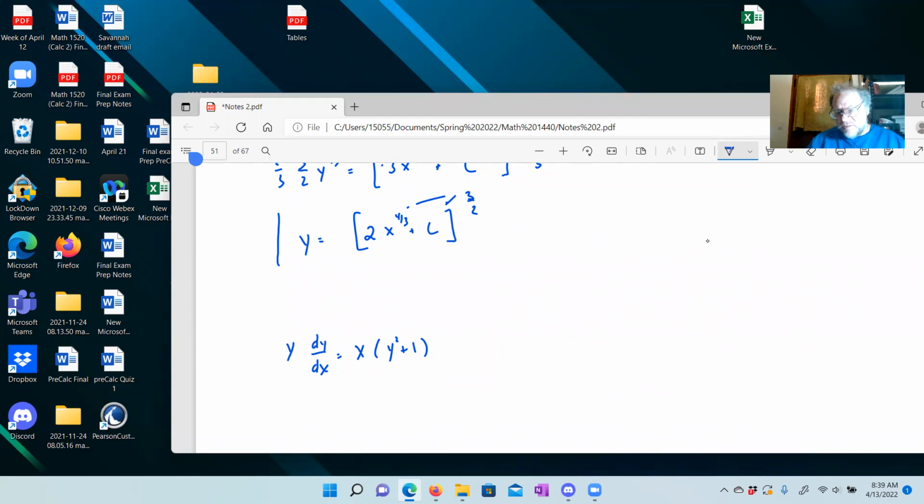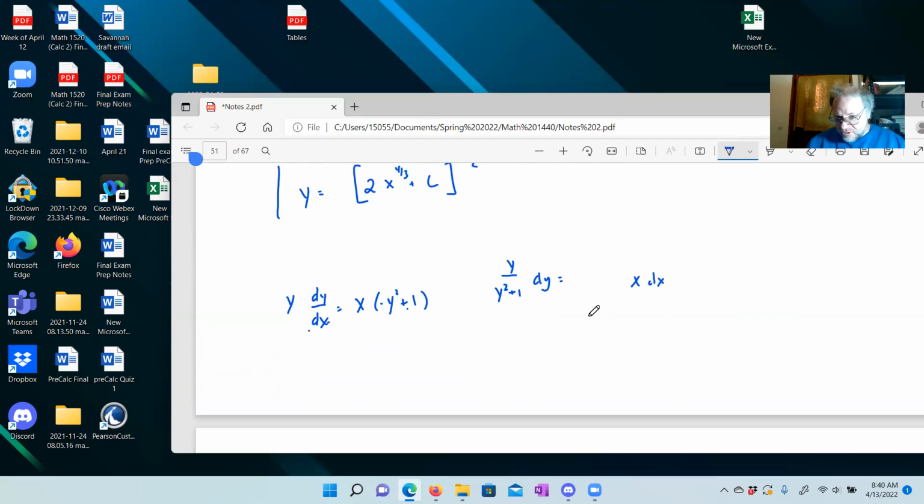So again, we're just going to divide by the y's and see what happens. Multiply both sides by dx. So we're going to get y over y squared plus 1 dy is equal to x dx. So that's how that happened. This went down on the bottom, this came up on the top. This is when we have to use a u substitution.